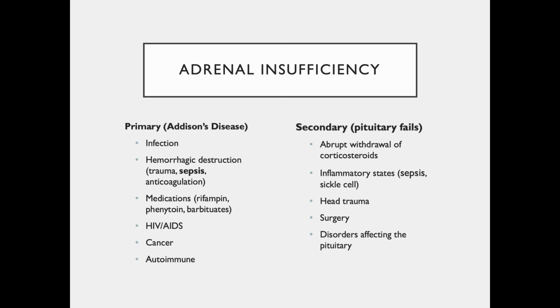There can be secondary adrenal insufficiency if the pituitary gland fails. So in primary adrenal insufficiency, that's because the adrenal gland is broken and it's not responding to signals from the pituitary gland. In secondary adrenal insufficiency, that's because the pituitary fails to send out ACTH, or the ACTH that it sends out is broken and doesn't get picked up by the adrenal gland.